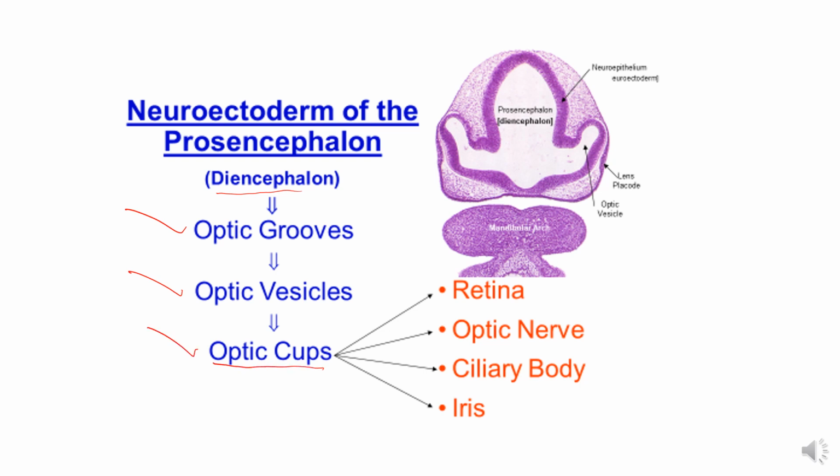The adult derivatives of the optic cups are the retina, that is the optic neural part of the retina where neurons are present, as well as the epithelium of the ciliary body and iris, and the optic nerve. So these are the derivatives of the optic cup.